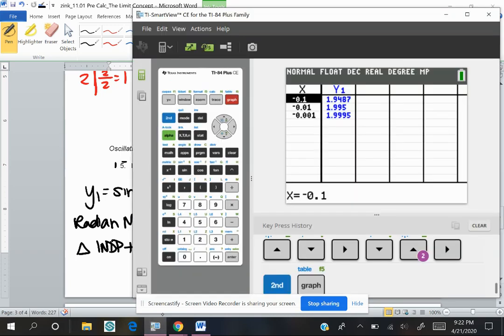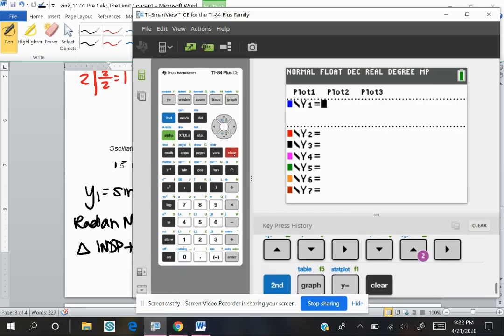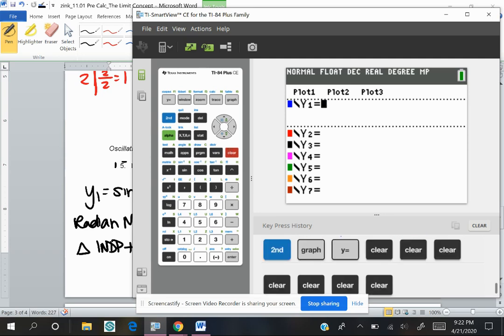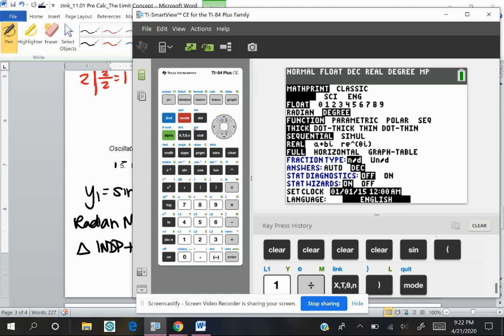So let me bring up my calculator, go to my y equals, type in sine of 1 over x, and let's check here. I'm in degree mode, so I'm going to switch it to radians.